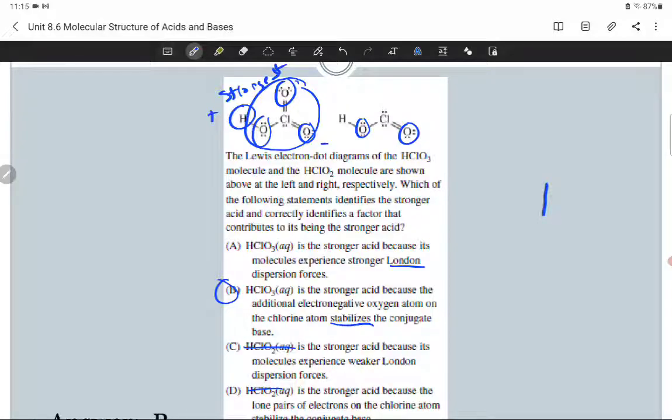What it means is that this side is going to be very well attached to each other because they have all those electrons. The electron density is higher there because they're all electronegative, more electronegative, I guess. But they do occasionally, textbooks or the AP folks do use this stabilize idea. But I guess we could have gotten away with not even reading B and gone by process of elimination there.